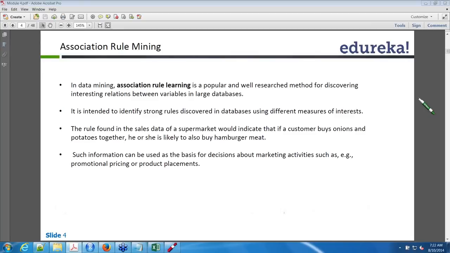If you look at the bill counter, when you stand for the bill, especially in Big Bazaar, the chocolates, batteries and razors are all kept near the billing counter. Is there any specific reason?